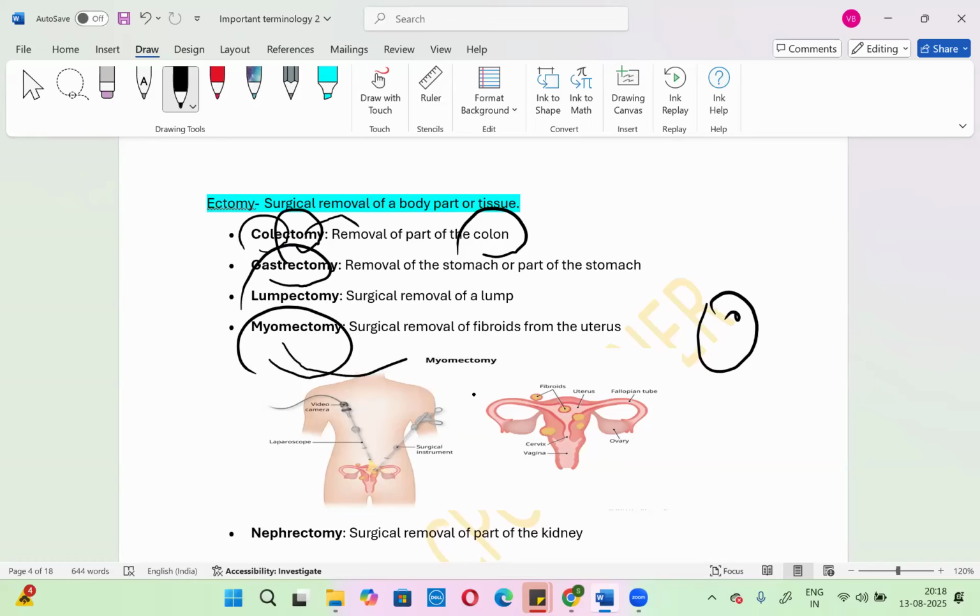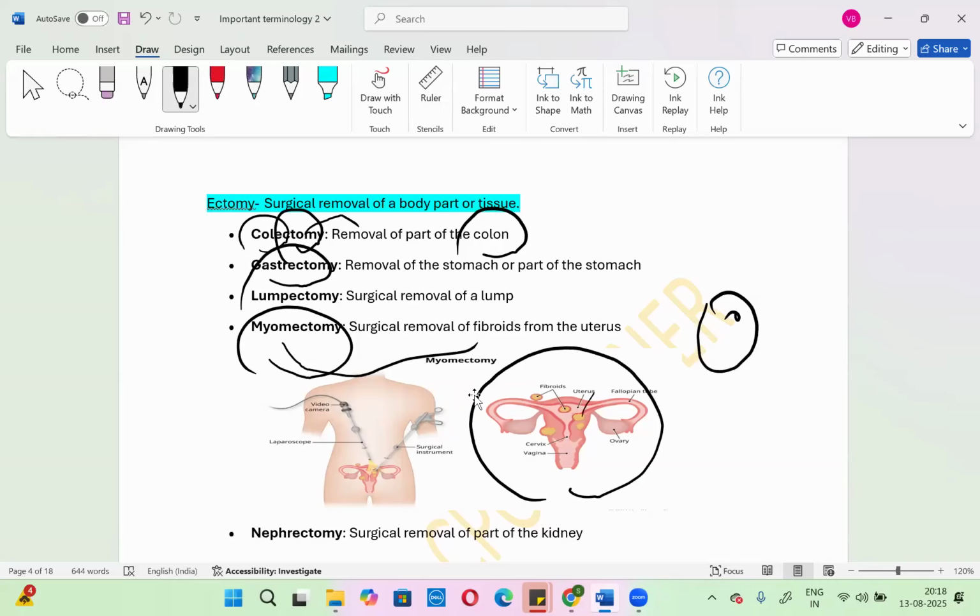Myoma is nothing but fibroids. As you can see here in the picture, in the uterus of the female reproductive system, sometimes some abnormal growth will be formed, which we call fibroids. Okay. So they will be removing these fibroids.